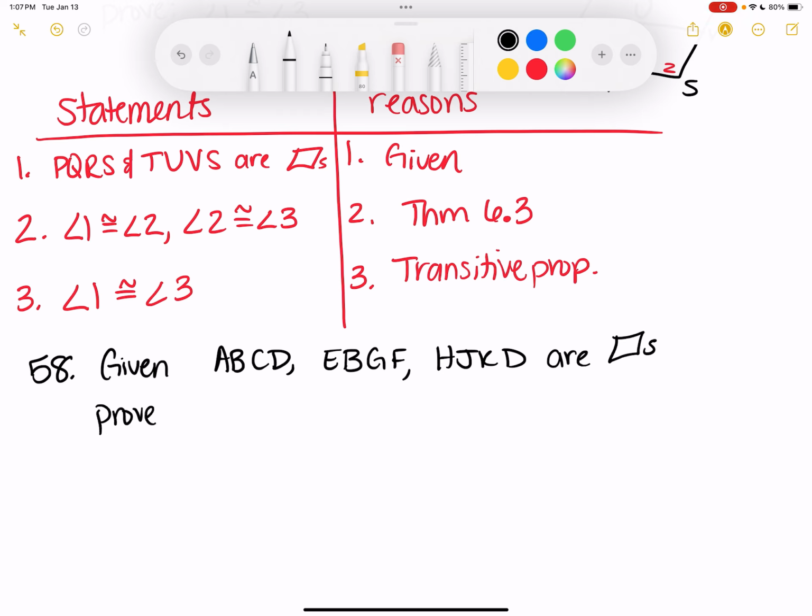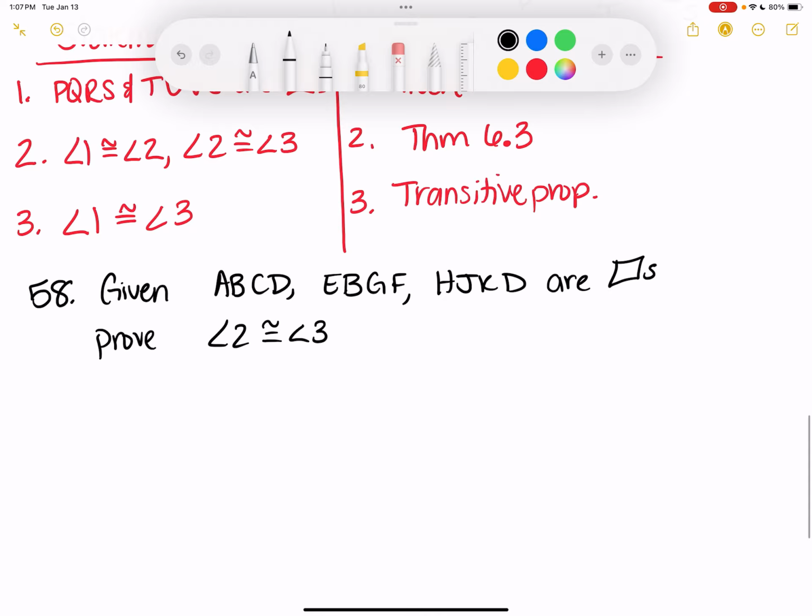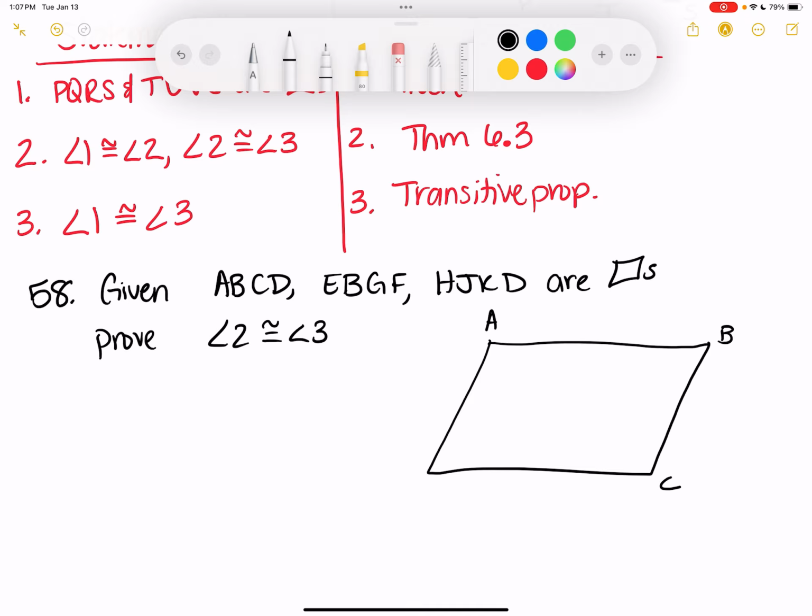Prove angle 2 is congruent to angle 3. That's my big parallelogram. And then we have one in the top right corner and one in the bottom left corner, not touching each other.